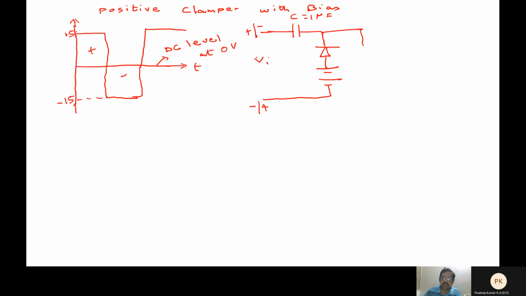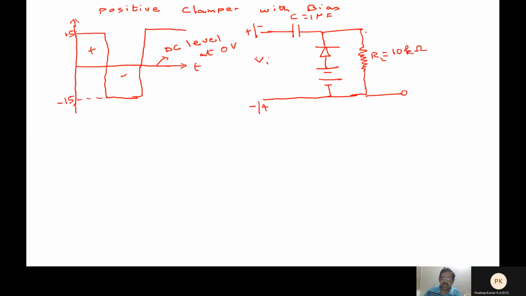And here you have a load. Okay, and this load RL is given as 10 kilo ohms.